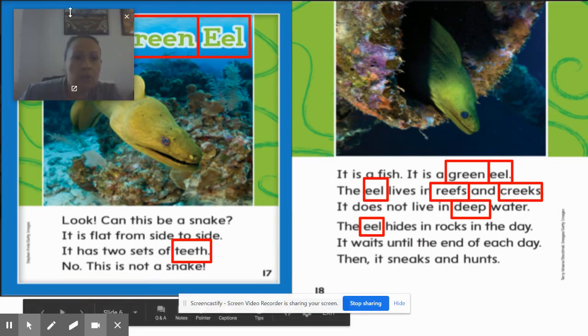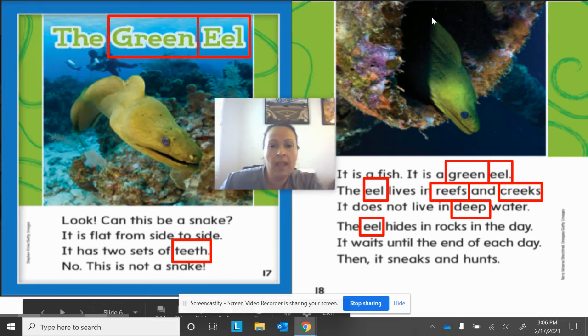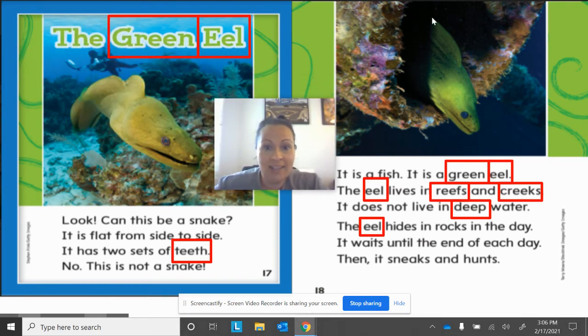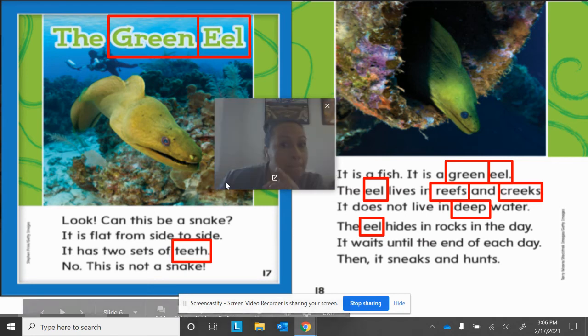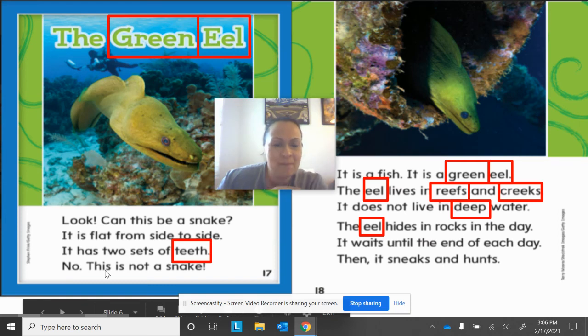Now I am going to read the decodable with you. Now, when I pause, I am going to point to you and you're going to say that word, okay? Here we go. The green eel, very good. Look, can this be a snake? It is flat from side to side. It has two sets of teeth. No, this is not a snake. It is a fish.